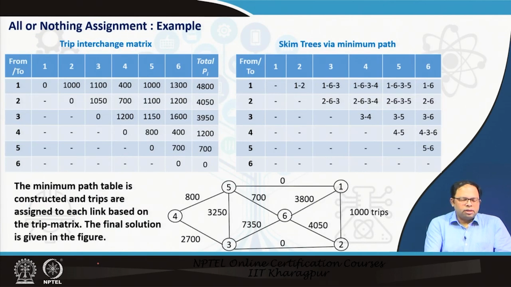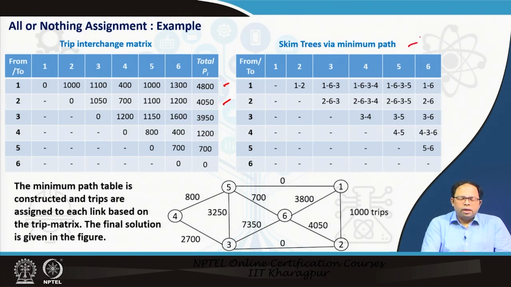First we have the trip interchange matrix, and we also have the link impedance data. Next, as you can see, this is the total of Pi, the number of trips starting from zone 1 is 4800, number of trips starting from zone 2 is 4050, and so onwards. And the next thing we do is develop the skim trees via minimum path.